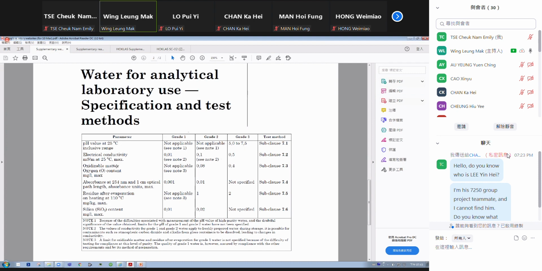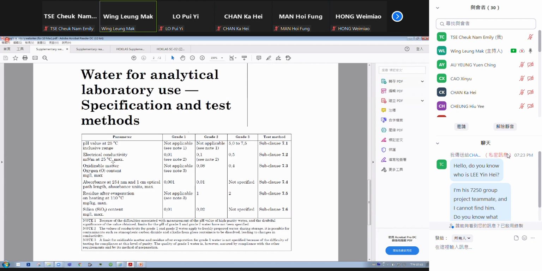You check the pH, the conductivity, the oxidizing matter inside the water, and also whether it absorbs at 254 nanometers, and the residues. The pH is the acid-base property of the water; you don't want it affecting the chemicals or the samples.